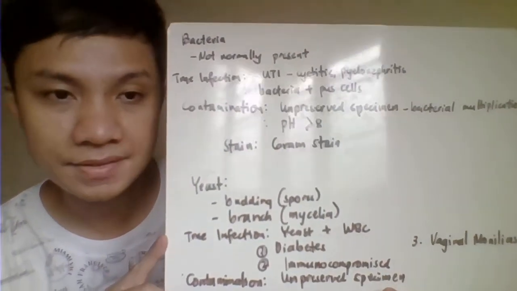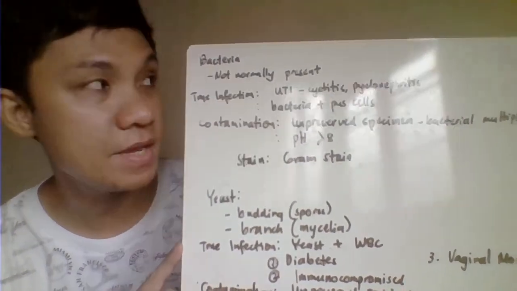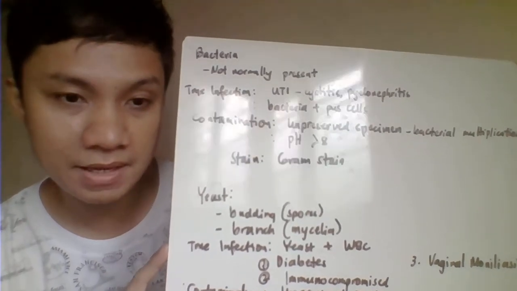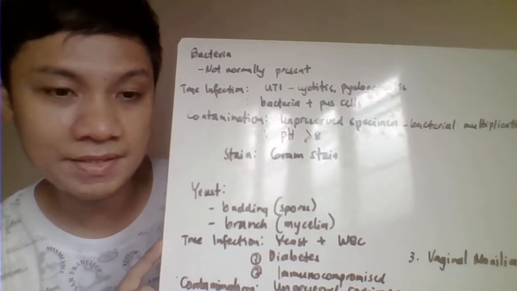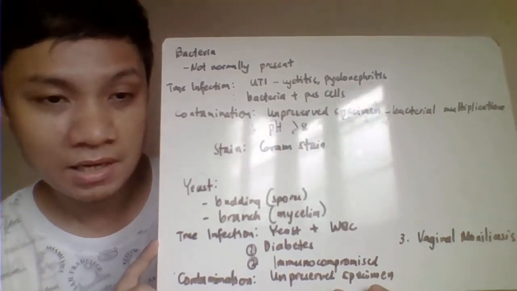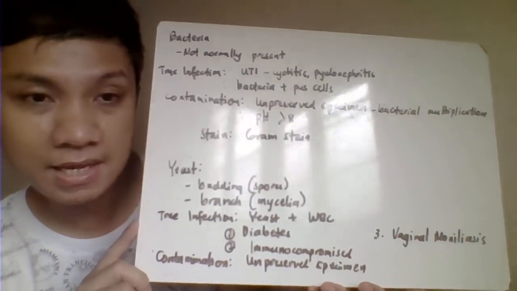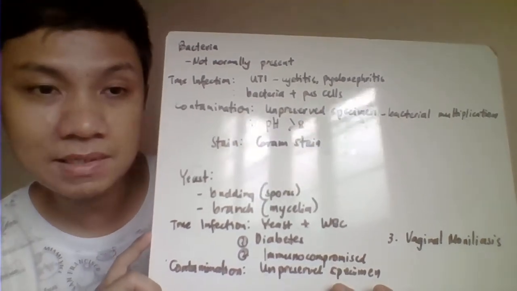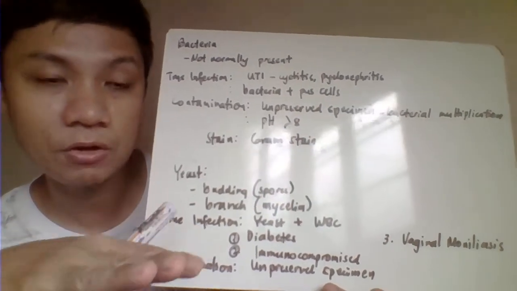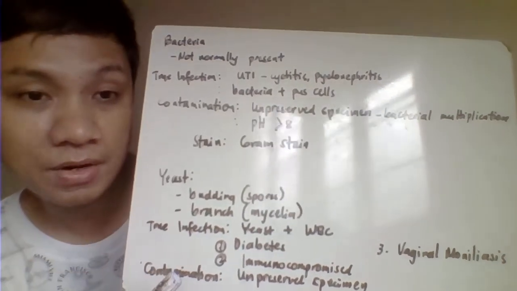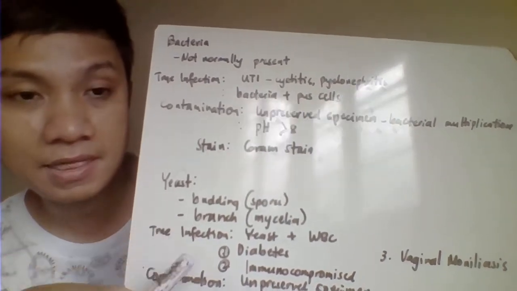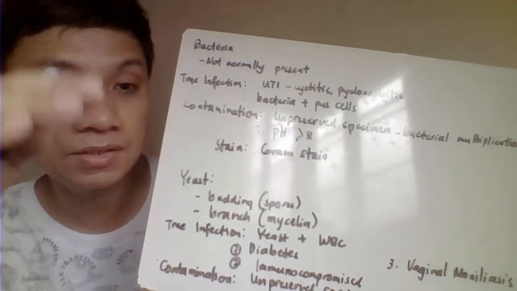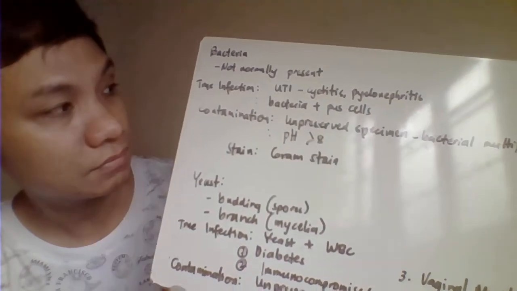Okay, so the next cellular sediment would be your bacteria. Normally our urine does not have bacteria. The significance of bacteria would eventually be related to a true bacterial infection. That's in the case of cystitis. When we say cystitis, that's the lower genitourinary tract urinary tract infection, so in the bladder, urethra, down below. When it's up above, that's pyelonephritis.